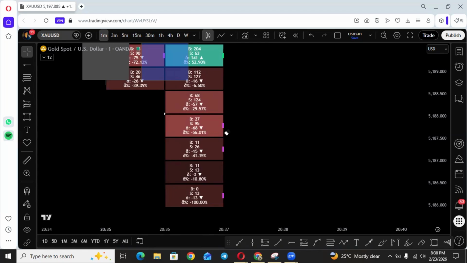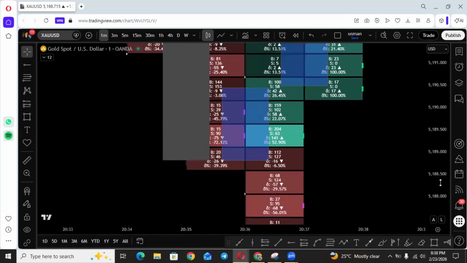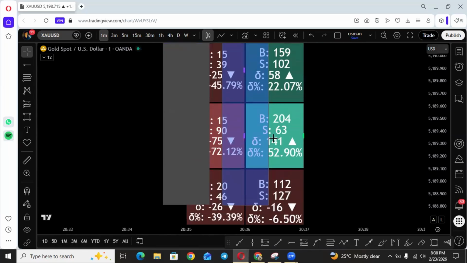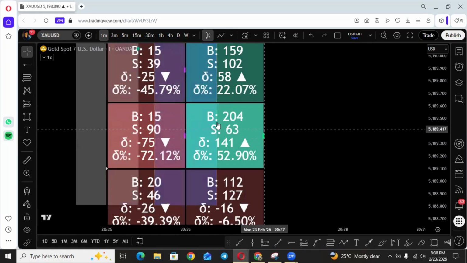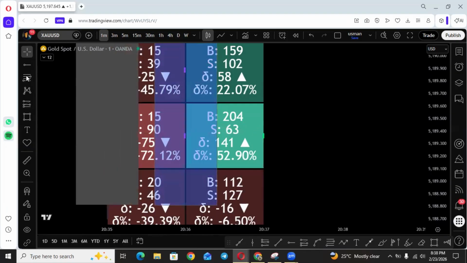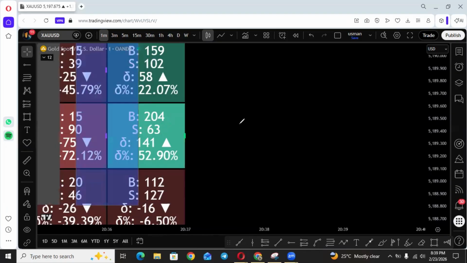Let me show you. Let's see this imbalance. So at this price level, 204 buying contracts were traded, and 63 selling contracts were traded at this price level. Which party is more dominant or strong?